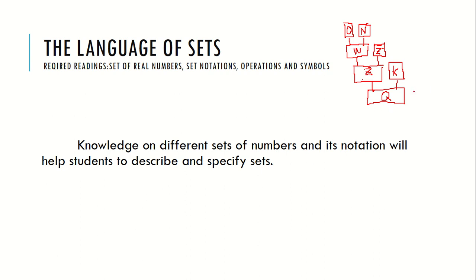The set of rational numbers and the set of irrational numbers, in symbol letter H, have a union that is the set of real numbers. In notation, we generally use capital letter R. The set of real numbers and the set of imaginary numbers, in symbol small letter i, have a union that is the set of complex numbers.